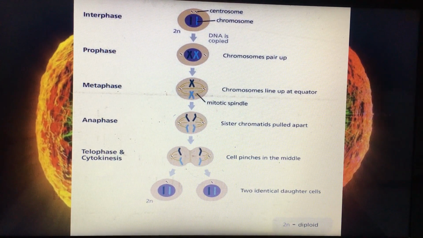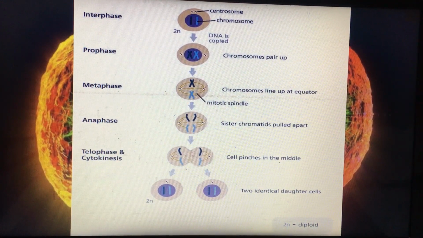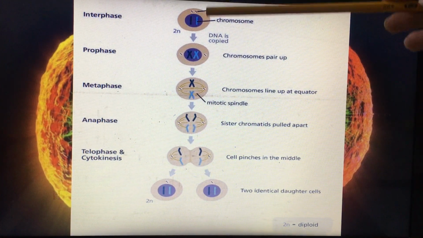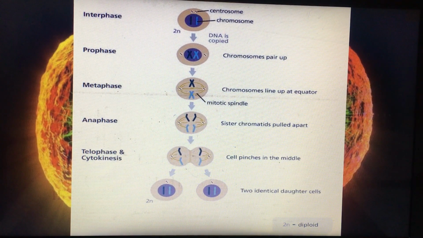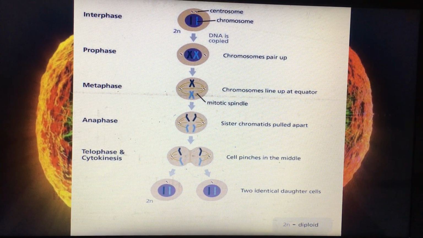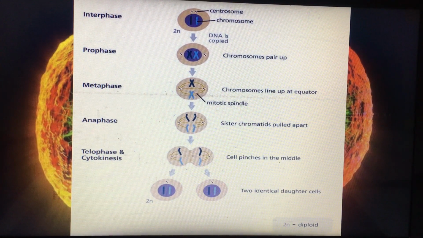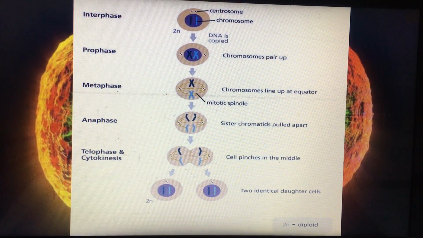Focus here on this diagram. You have to know that each chromosome has a partner. So there is no chromosome without a partner. A chromosome with its partner forms a homologous pair.